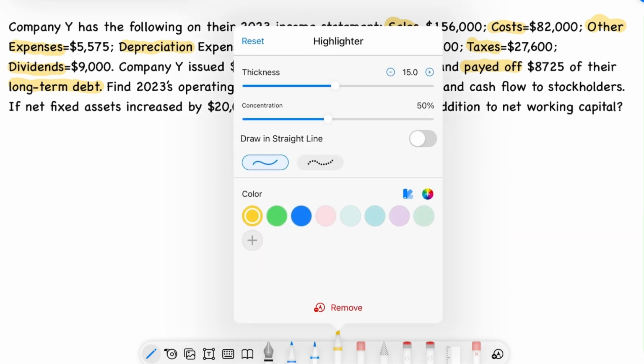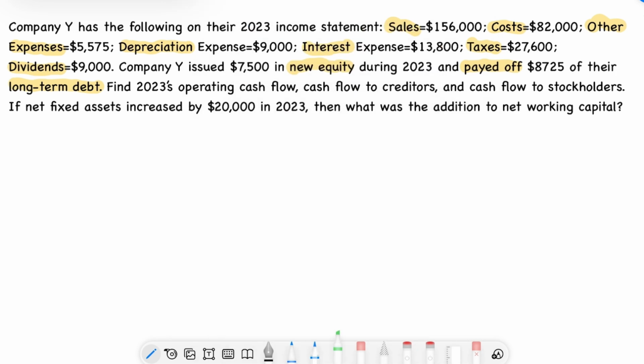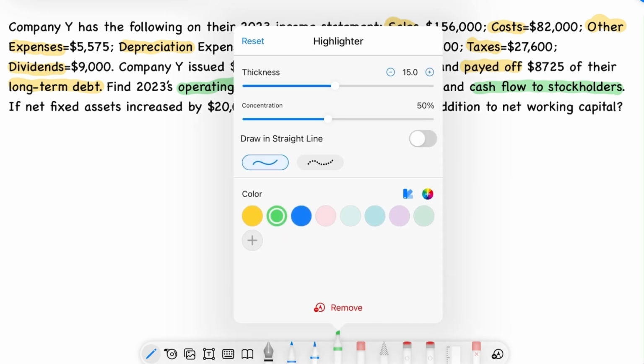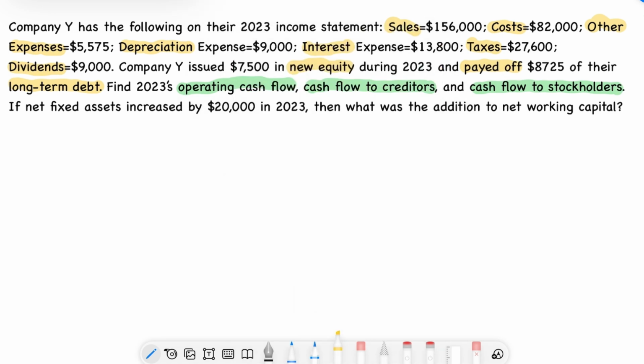And what we want is a lot of different things. We want operating cash flow, cash flow to creditors, cash flow to stockholders. We have a second part of this problem, and it says if net fixed assets increased by $20,000. So we have the change in our net fixed assets.